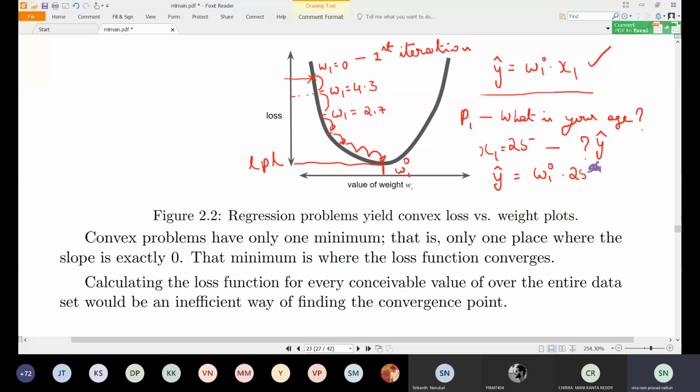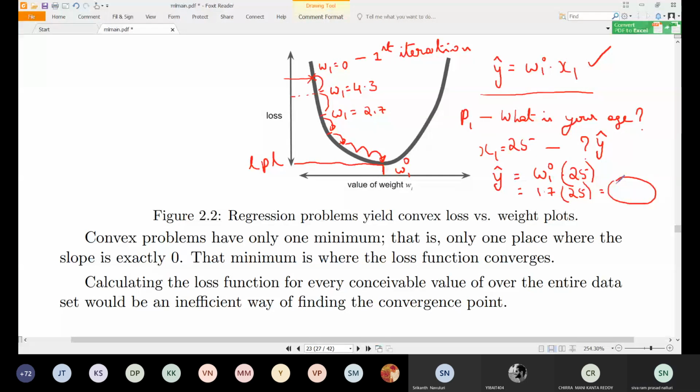The age of the person is 25 years. Okay. Suppose the optimal value is say 1.7, ఈ weight 1.7 అని assume చేసుకోండి. So 1.7 times the age of the person. So this is the predicted value.